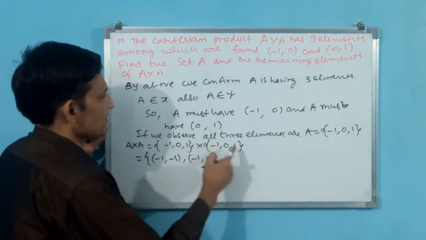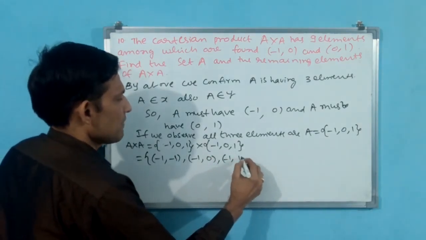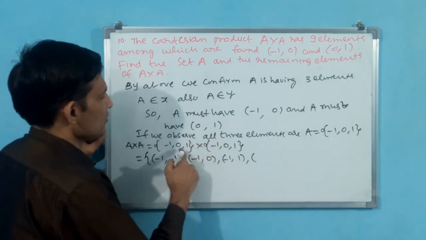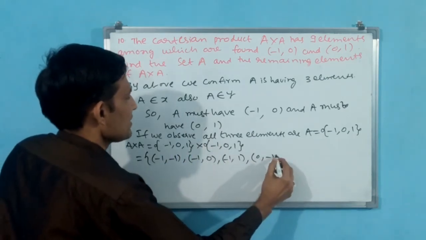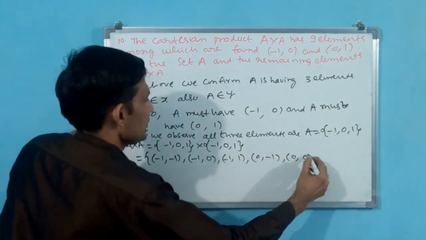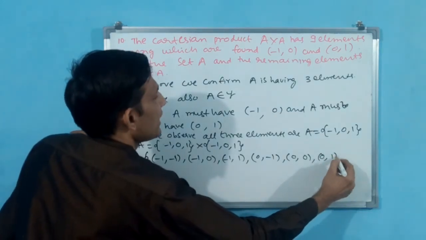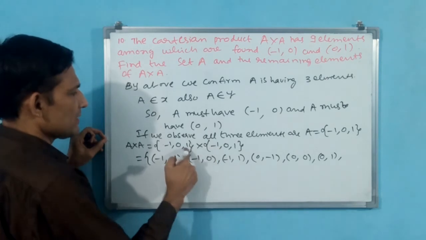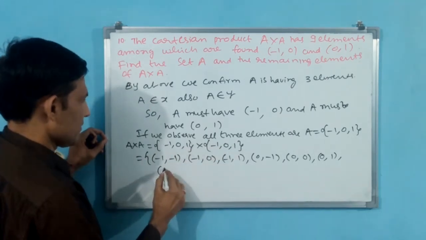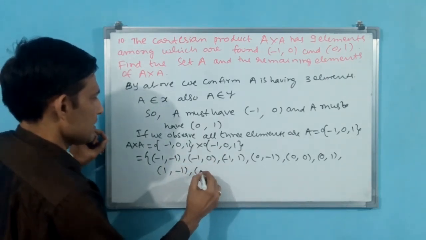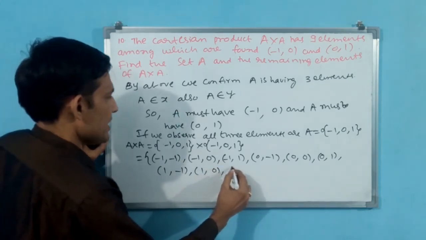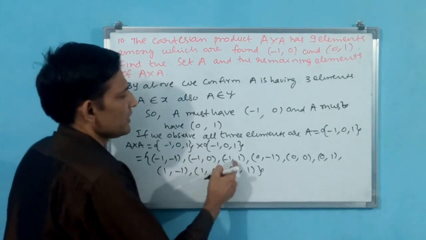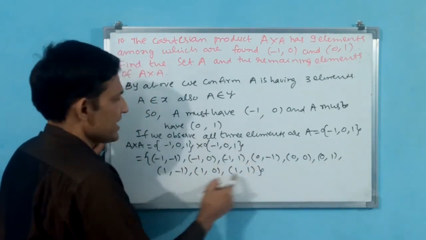Now the same with 0: 0, -1, 0, 0, 0, 1. 0 is also over. Then we do with 1: 1, -1, 1, 0, 1, 1. Close. How many are there? 1, 2, 3, 4, 5, 6, 7, 8, 9.